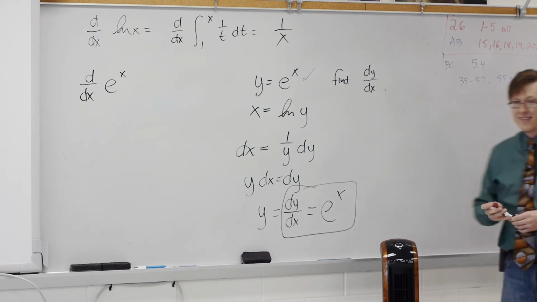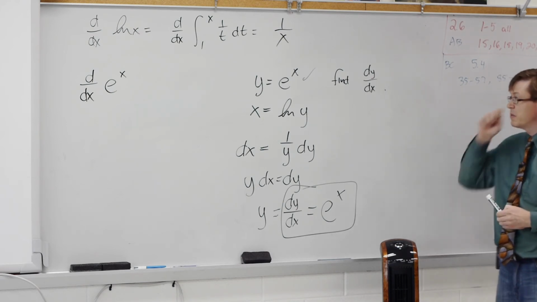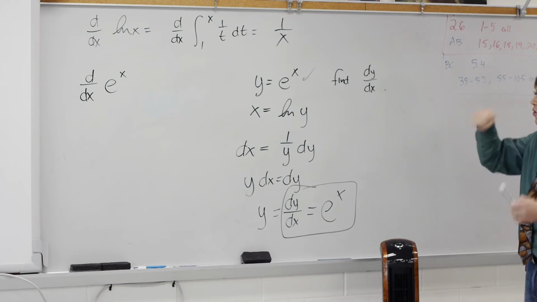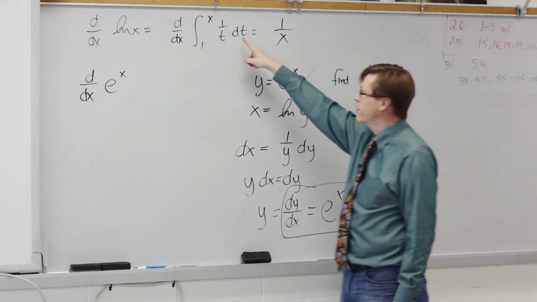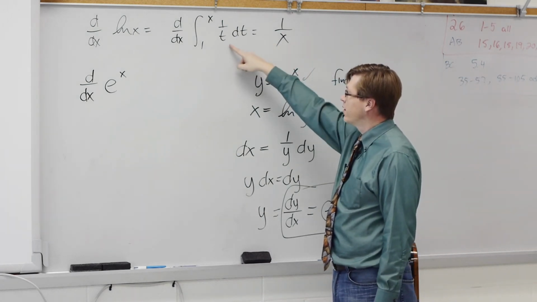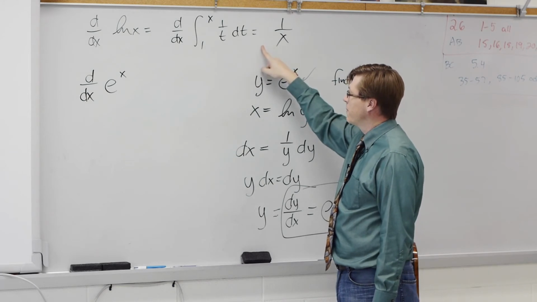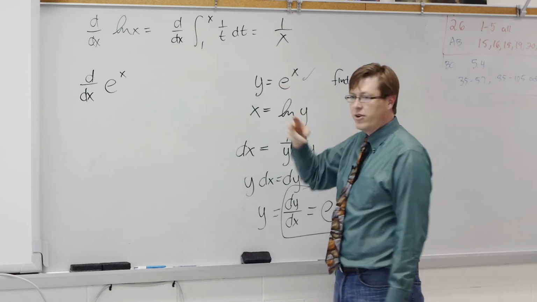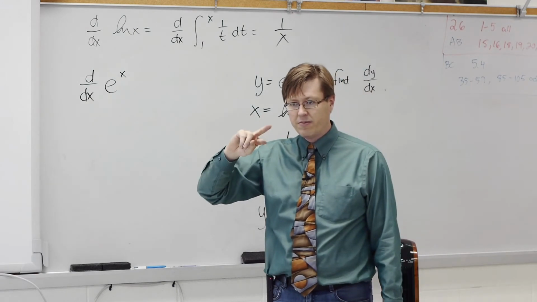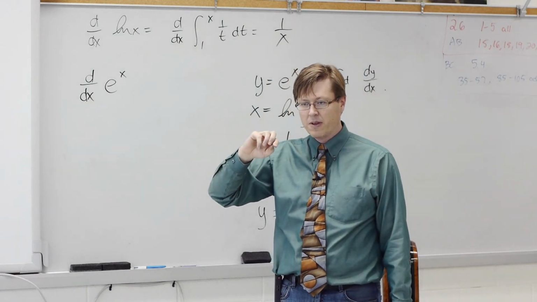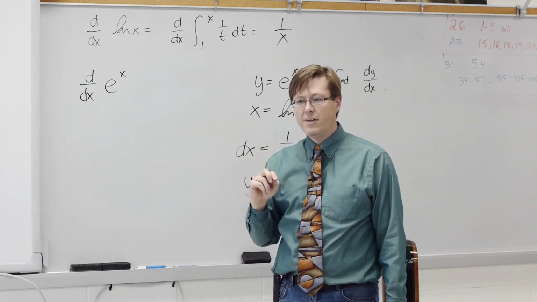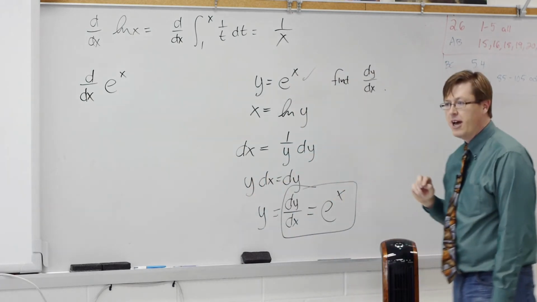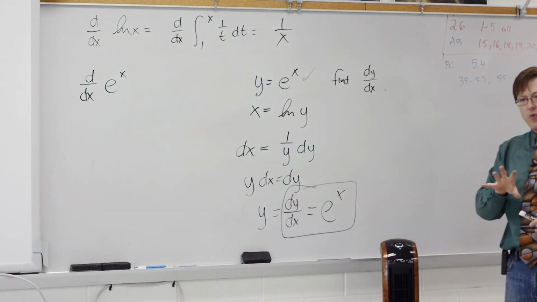Why couldn't we just flip the top one since we know it's the inverse? Why couldn't we just do d/dx of the integral from 1 to x of 1 over t dt, since we know that's the inverse of that? Inverse is not the same as flipping, it's not the same as reciprocal. So you can't just flip it. But that's essentially why it works.